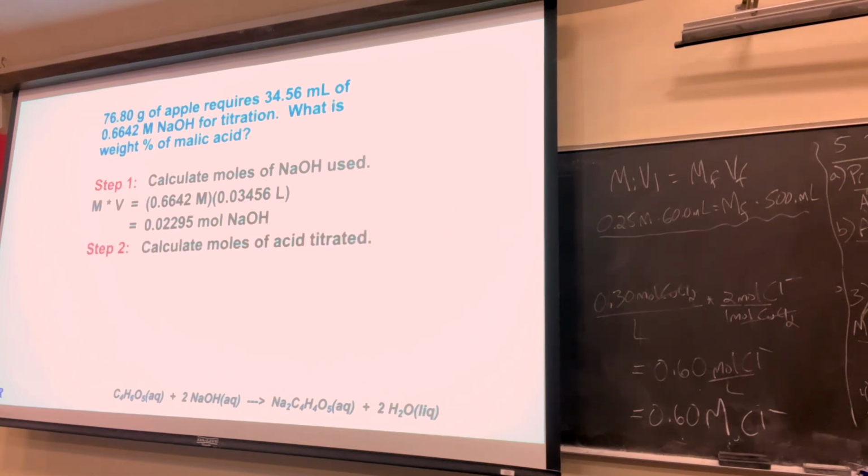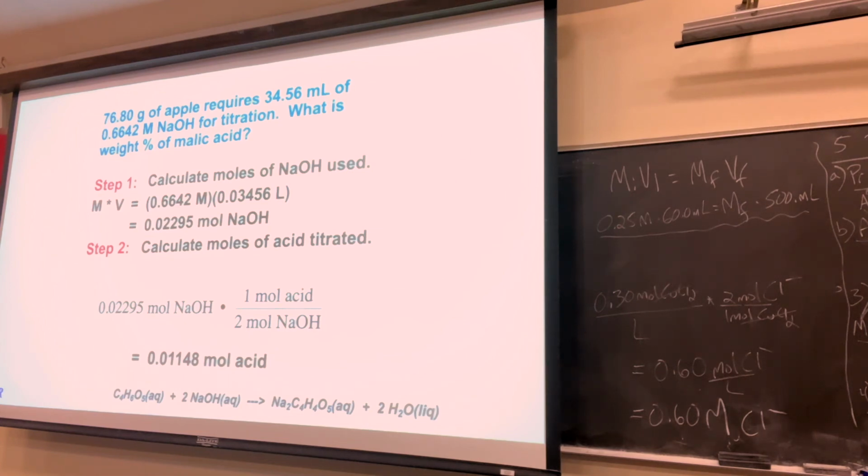So taking that number and multiplying it by essentially 1/2, where here the acid is the malic acid, the C4H6O5 thing. 1 mole of acid needs 2 moles of base. So since we started with moles of NaOH, they'll cancel out. We'll have then 0.01148 moles of malic acid.